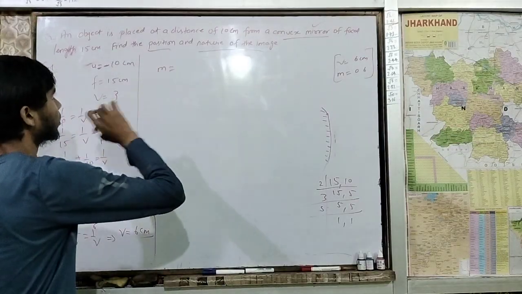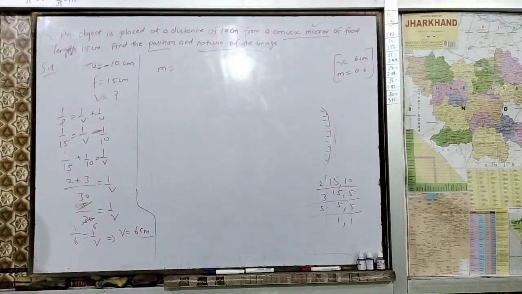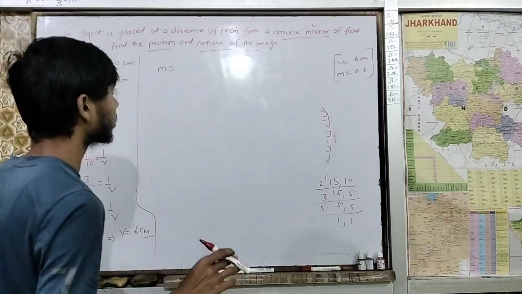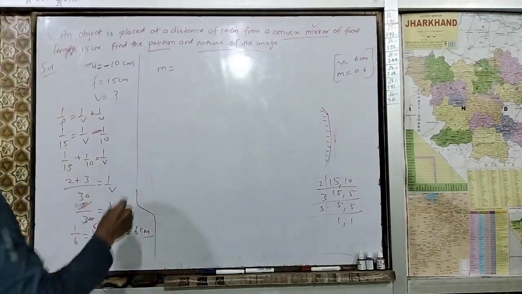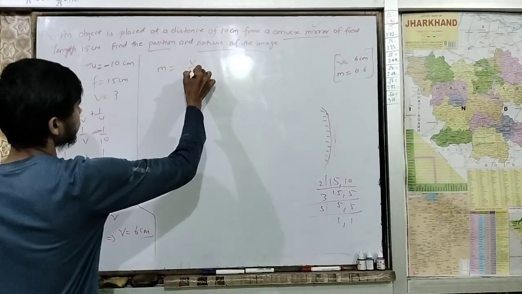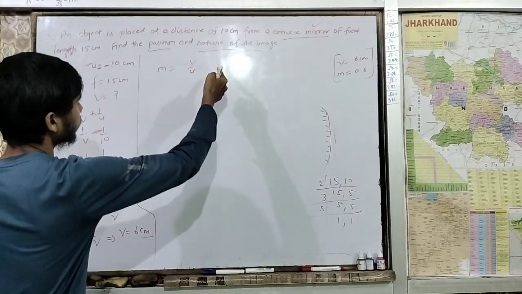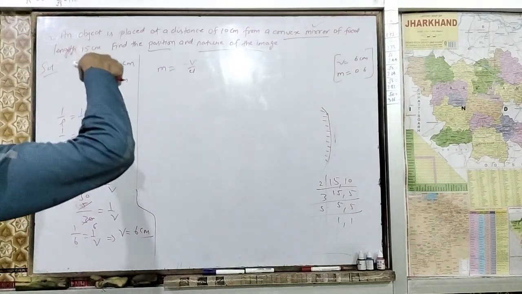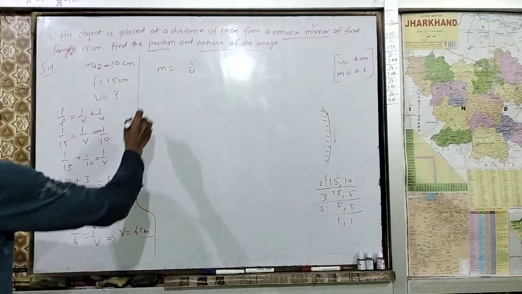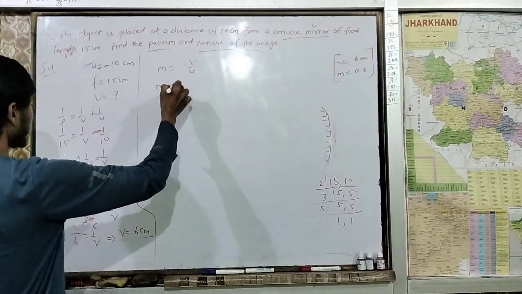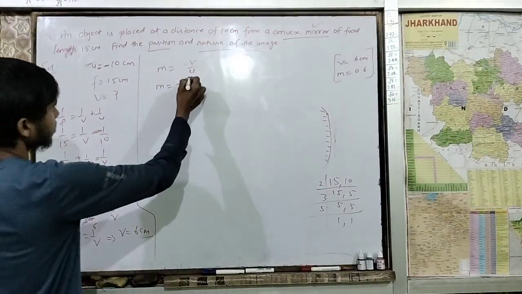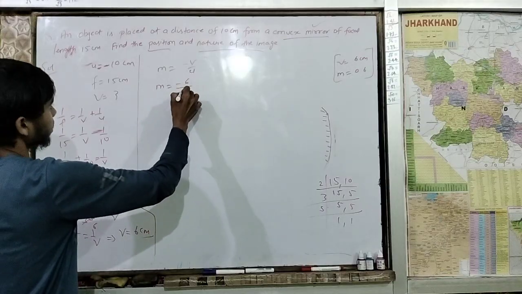We don't have the height of the image or the height of the object, so we will use m equal to minus v upon u, because we have the value of v and the value of u. v is 6 and u is minus 10.